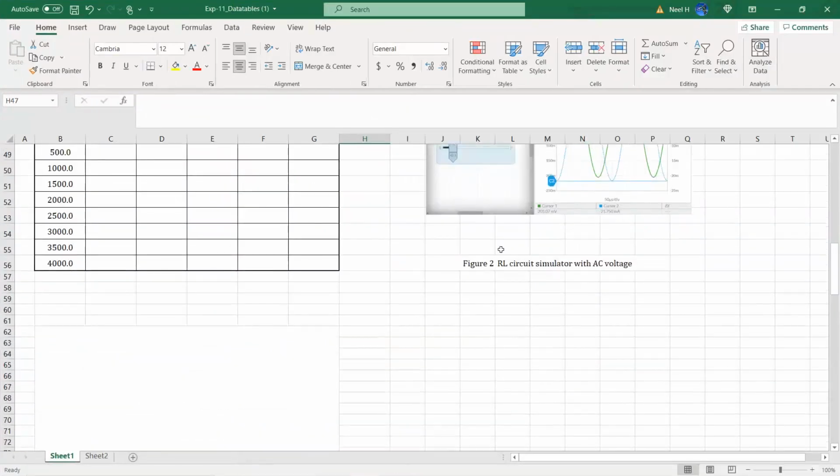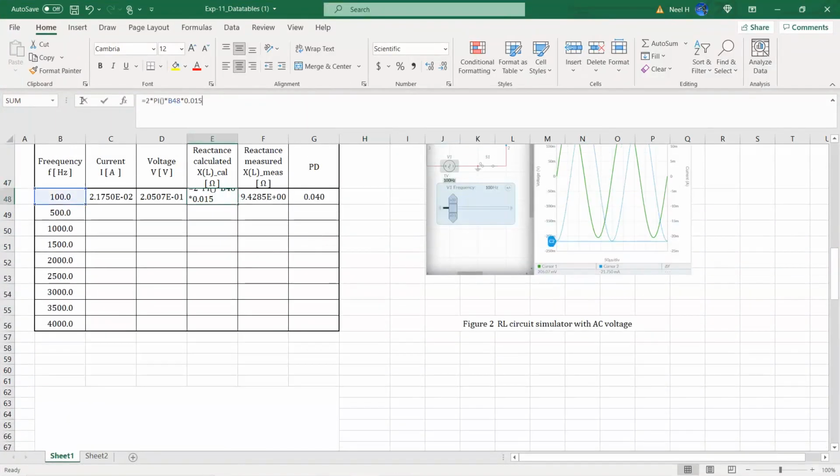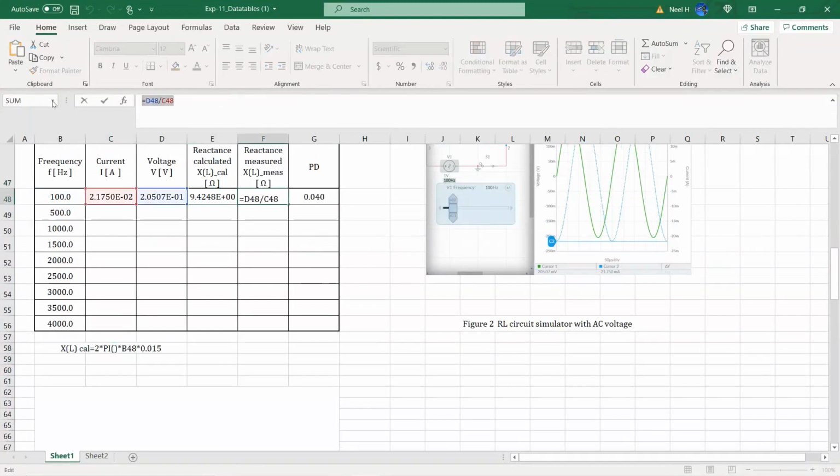All right, then we'll record all of these functions in here. It's going to be X of L calculated. It's going to be X of L measured. And it's going to be the percentage difference.